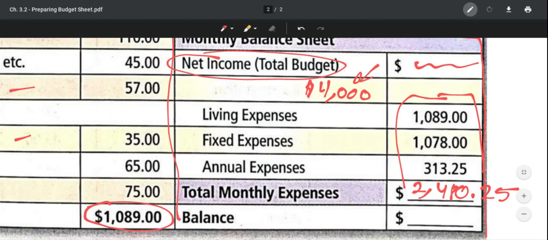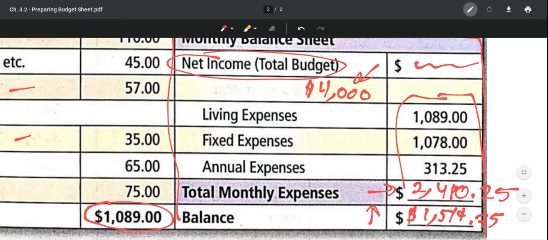So if we made $4,000 a month and this was all of our expenses, this number here, then our leftover money would be 1,519 and 75 cents. That would mean we were up that amount.